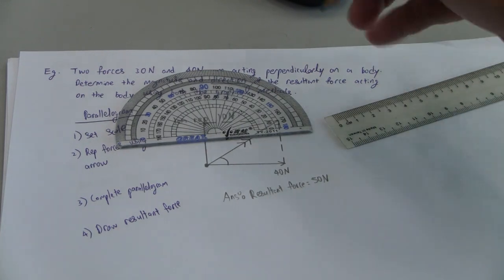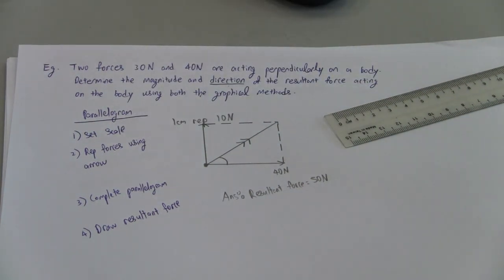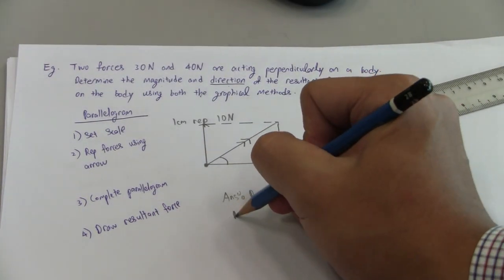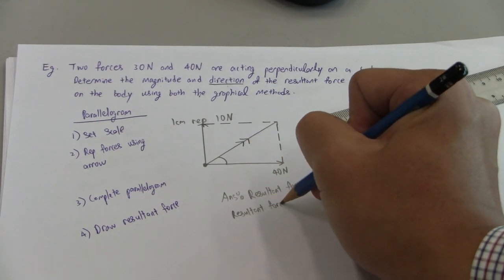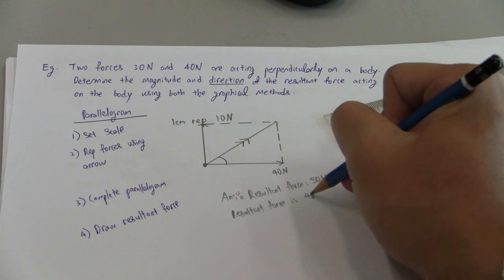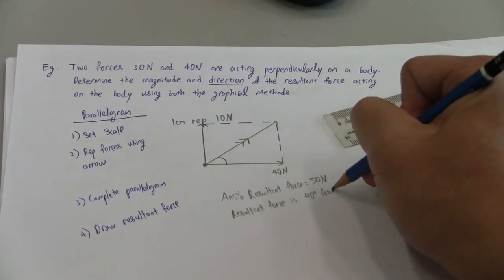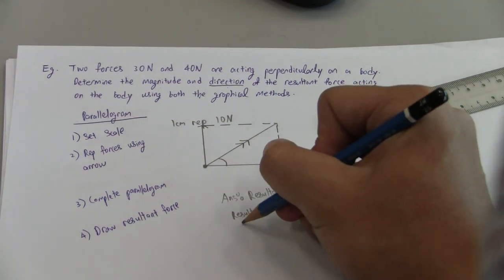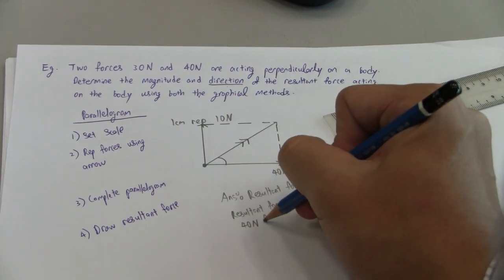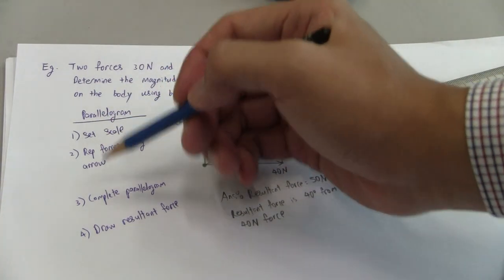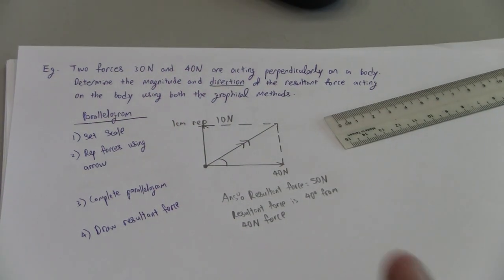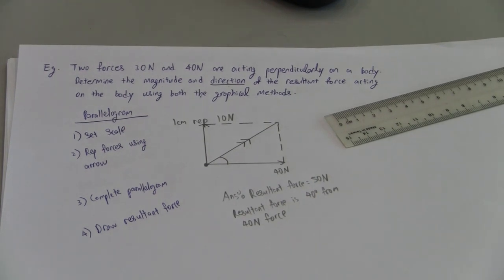So the direction is: the resultant force is 40 degrees from the 40 Newton force. And there we have it, the 4 marks for the question, because each step represents a mark. Okay, that's all for the parallelogram method.